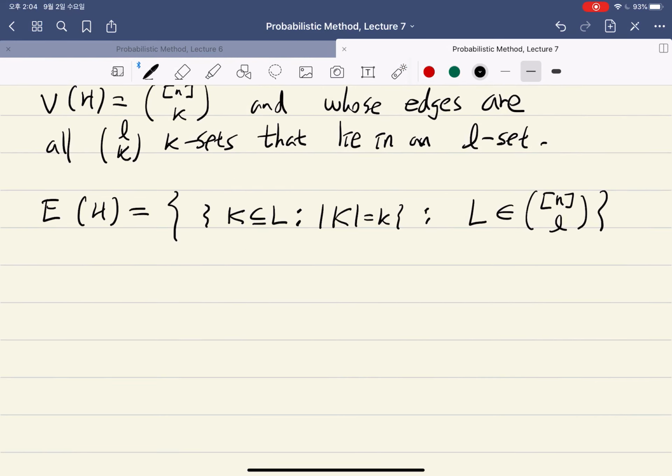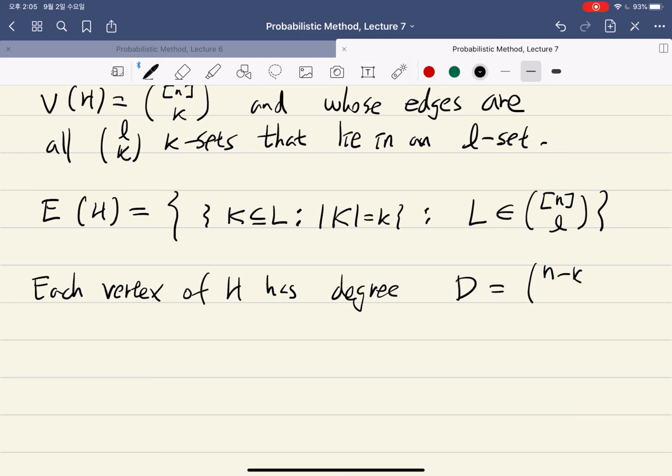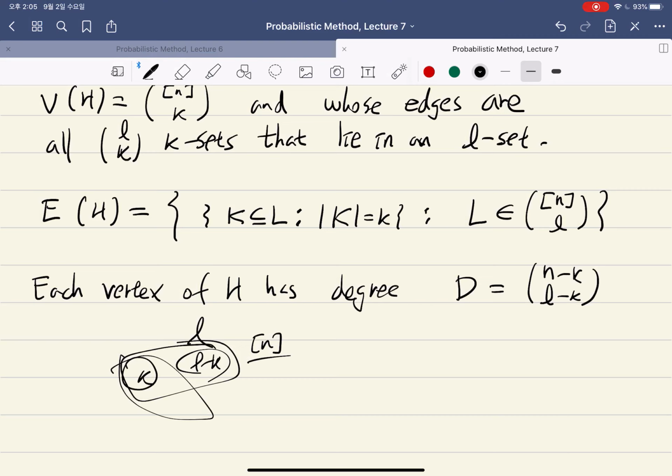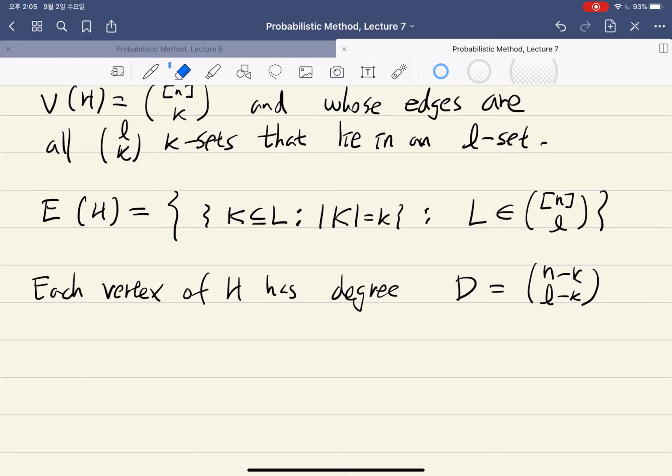Then first, H is regular. Each vertex of H has how much degree? The degree is D, say, which is n minus k choose l minus k. So you have a k-set, and the number of sets of size l which contain this is, you have to choose l minus k other numbers in [n]. So that's the degree.